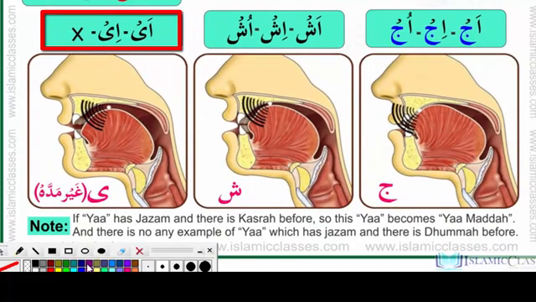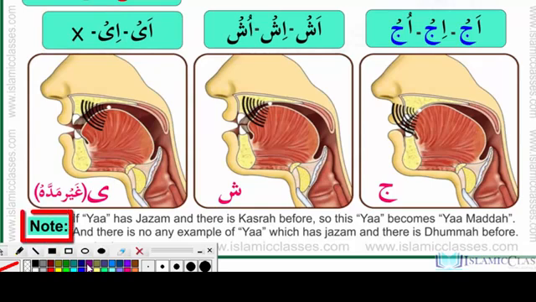Why? Because you can see there is one note at the end of this image, and it's written: if ya has jazm and there is kasra before. As you can see, this is the second example. If ya has jazm and there is kasra before, this ya becomes ya madda.